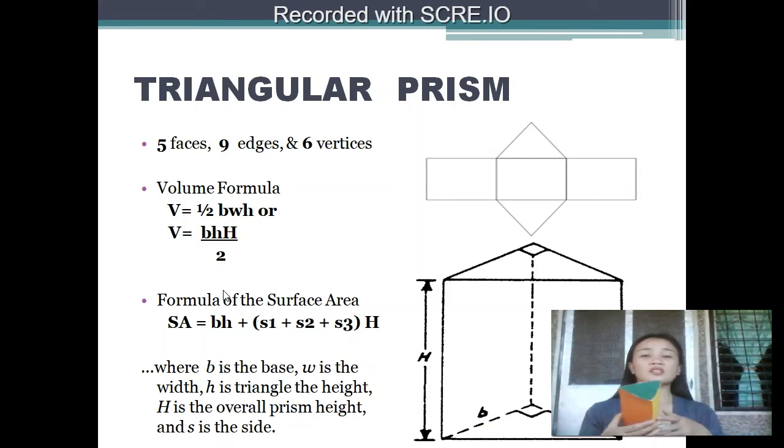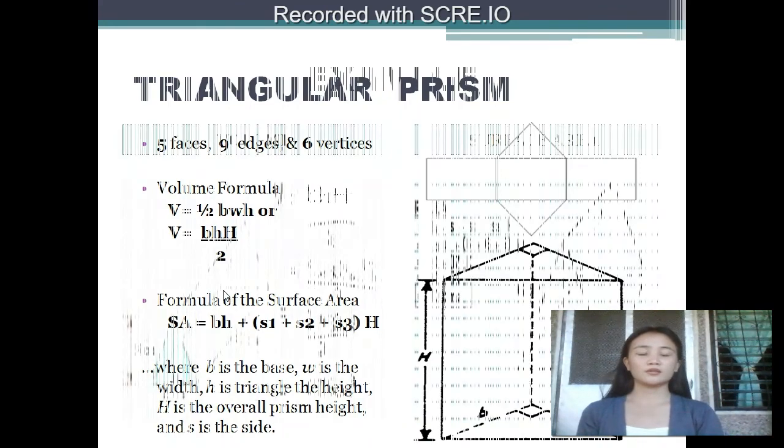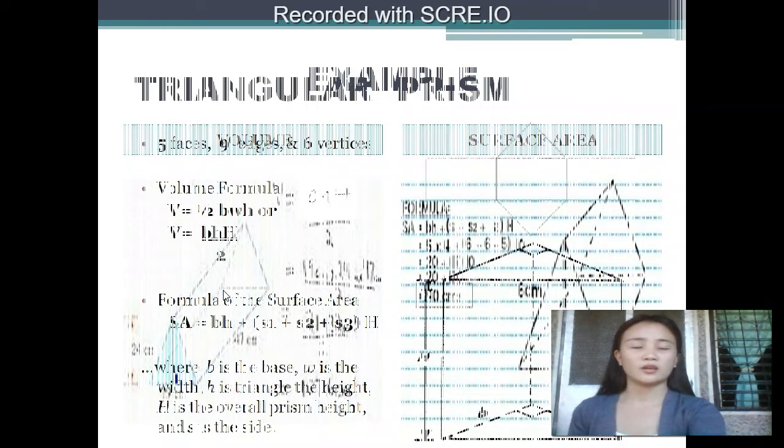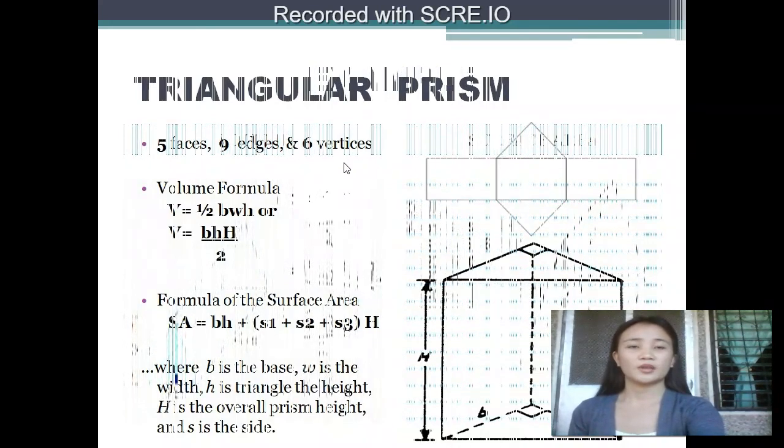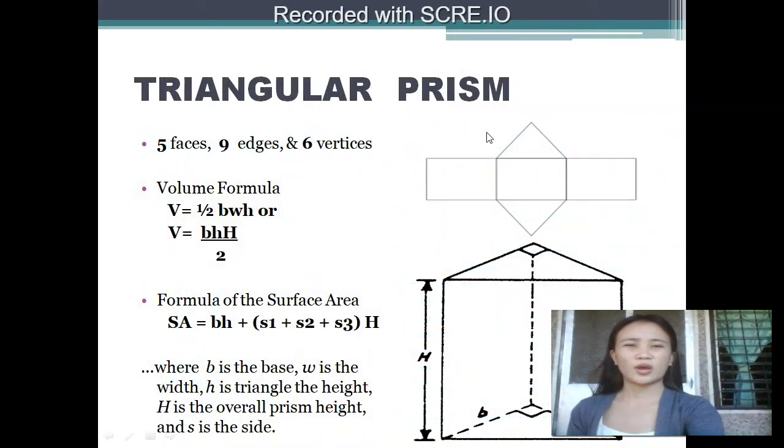So let's say for an example, this is the prism. So this is the overall height of the prism. And from here to here is the height of the triangle. By the way, if you're wondering about this illustration, this is called the triangular prism net.